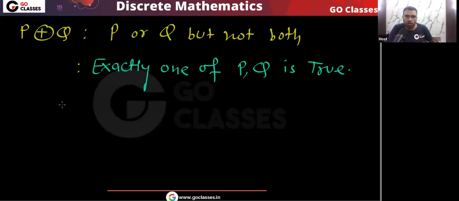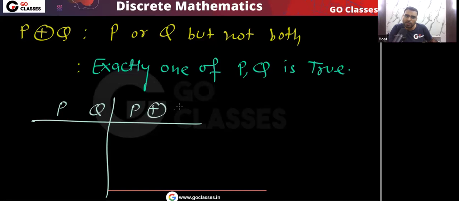I can also say it like this: if you have P, Q, then this P XOR Q will be true basically when they are different. Yes or no? When P, Q are different, then this will be true.